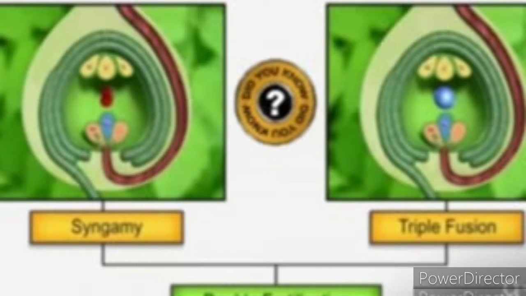As this involves the fusion of 3 haploid nuclei, it is termed triple fusion. Since 2 types of fusions, the syngamy and triple fusion, take place in an embryo sac, the phenomenon is termed double fertilization. That is the second event in sexual reproduction.